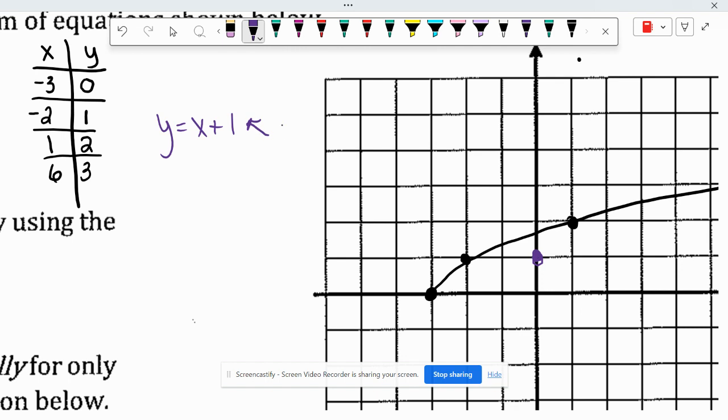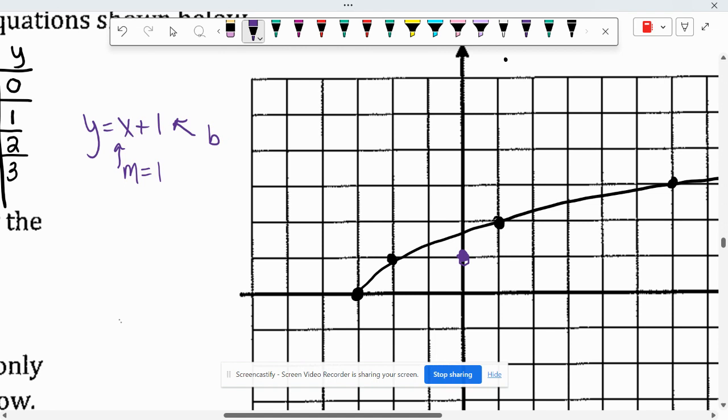This is the b value, the y-intercept where I begin, positive 1. And this is my slope. There's no number attached to the x, so that means my slope is 1. That means I go up 1 over 1, up 1 over 1, and I'm going to continue that pattern. Or I go down 1 to the left 1.